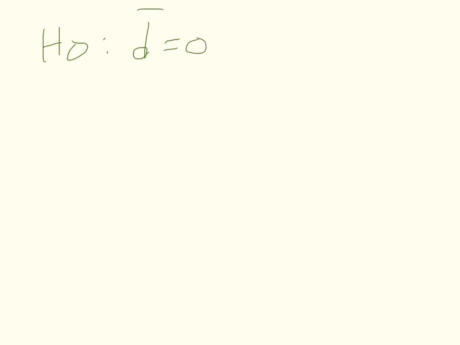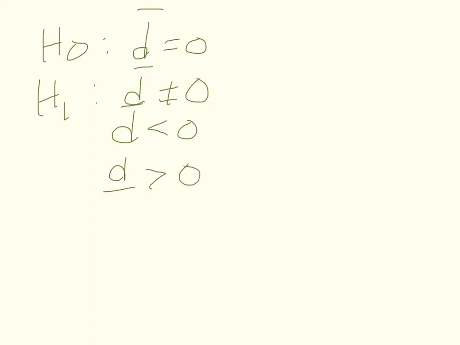And our alternate hypothesis is any of the two that we had already: that there is a difference, or the difference is less, which means that it got worse, or the difference is greater, which means it got better.